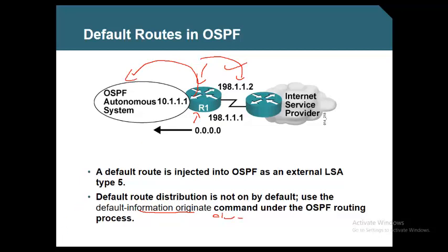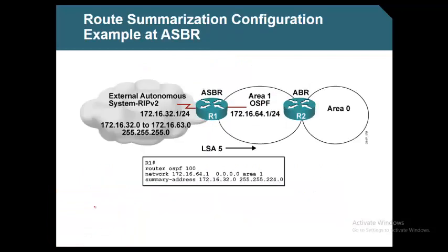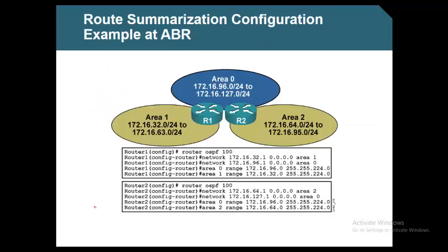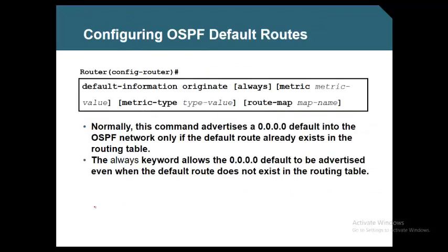See, these things we are going to do in the lab: the summarization and default route. So see this, like the always command. The always command allows the default route to be advertised even when the default route doesn't exist.